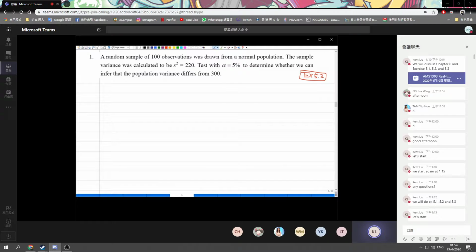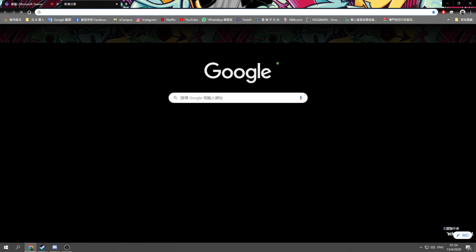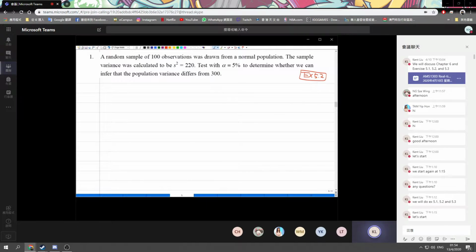In terms of variation, this kind of hypothesis test is very straightforward. There is not much variation in it. Once you see you are testing one variance, there will be only one way to go. Now let's take a look at this example.